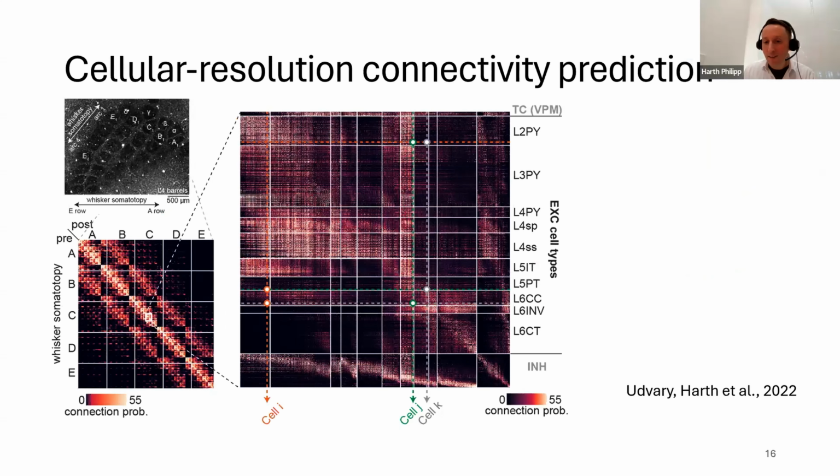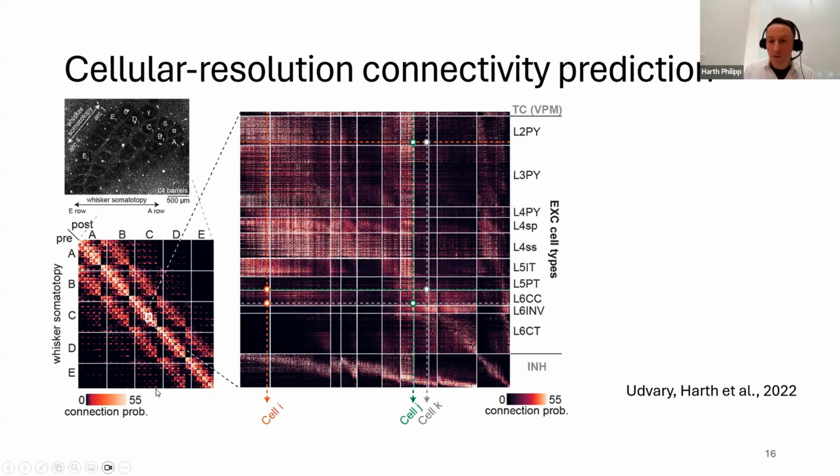We can do this for every cell in our model volume, and as a result, we get a very large connectivity matrix, which gives us stochastic predictions about the to-be expected synapse count between any cell pair in the model volume. And we see this here.